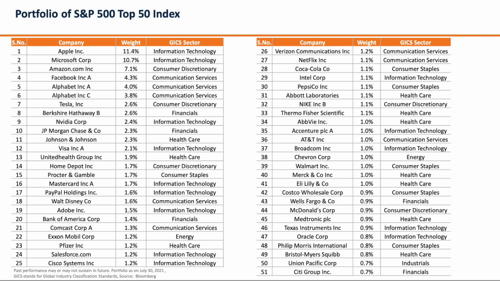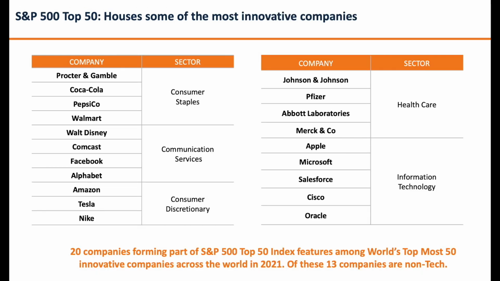So of course, it has a huge amount of exposure in technology stocks like Apple, Alphabet, Microsoft, Facebook, Tesla. In consumer and pharmaceuticals, it has exposure to Johnson & Johnson, Pfizer, Walmart, Cisco, and many other stocks like Salesforce and Nvidia.